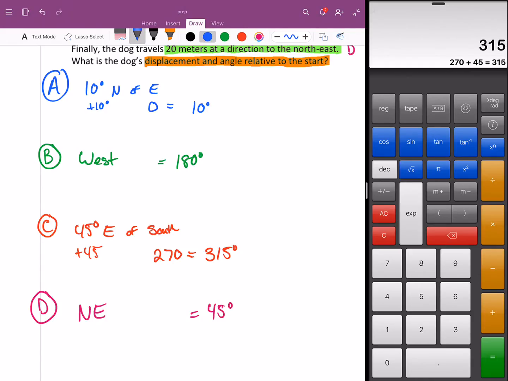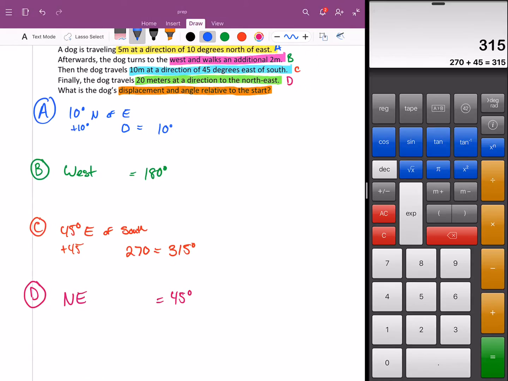Now let's get the magnitudes. A is 5 meters. B, 2 meters. C, 10 meters.